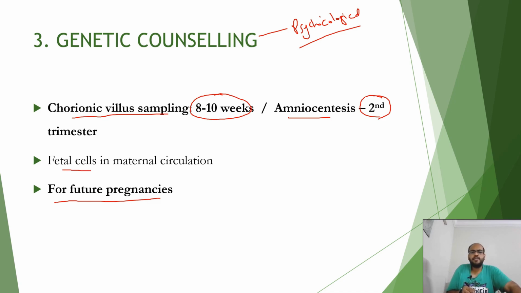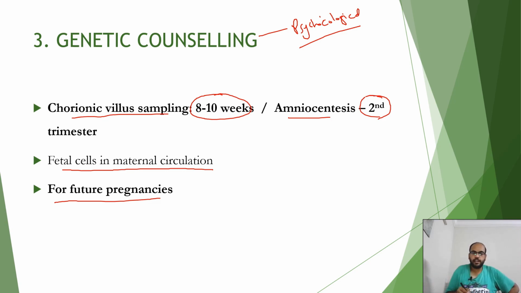As of now, fetal cells in maternal circulation are also being researched so that we can do genetic testing on them. What actually happens is that when the mother's blood gets mixed with fetal blood during pregnancy, some of the fetal cells come into the maternal circulation. Those cells can be taken out from the mother's sample.